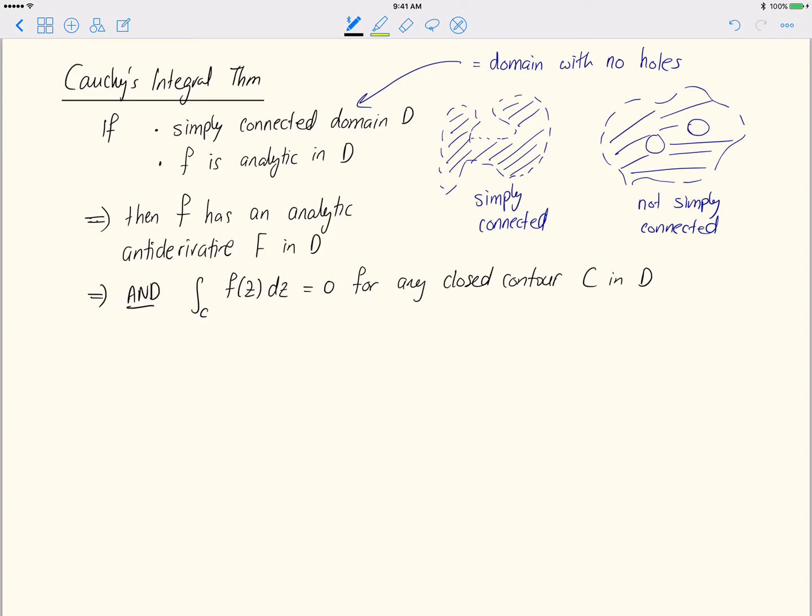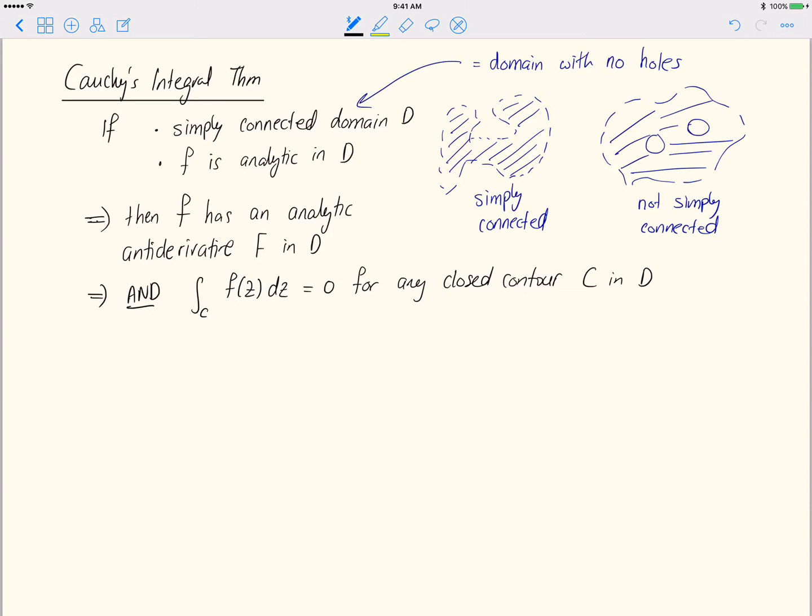So if you have a simply connected domain, and within that domain you draw some closed contour, something going in a loop, then the integral of f along that closed contour will be 0.